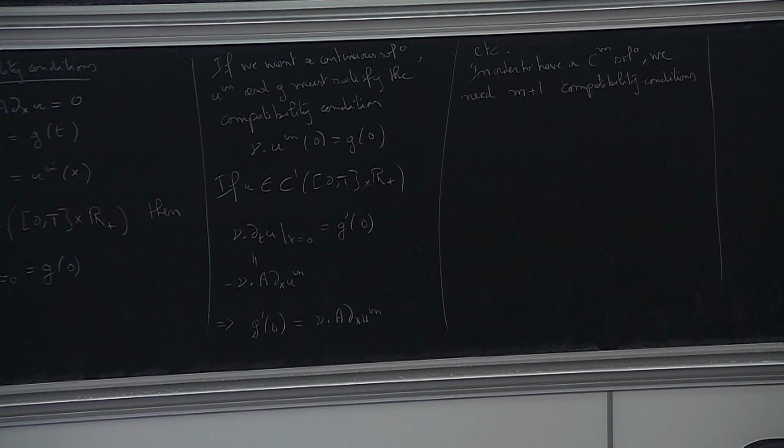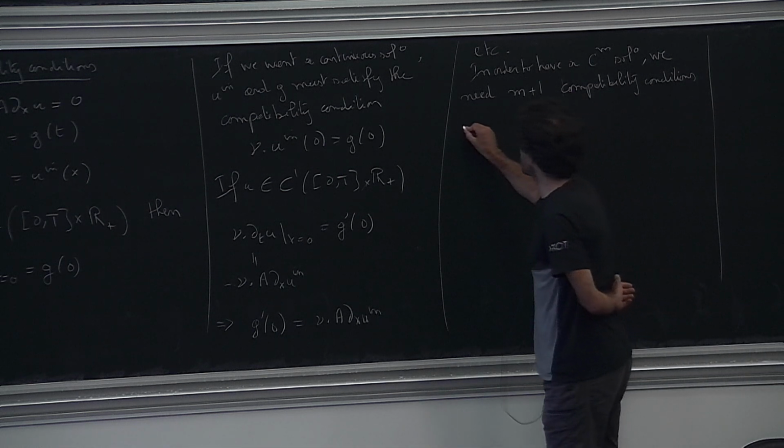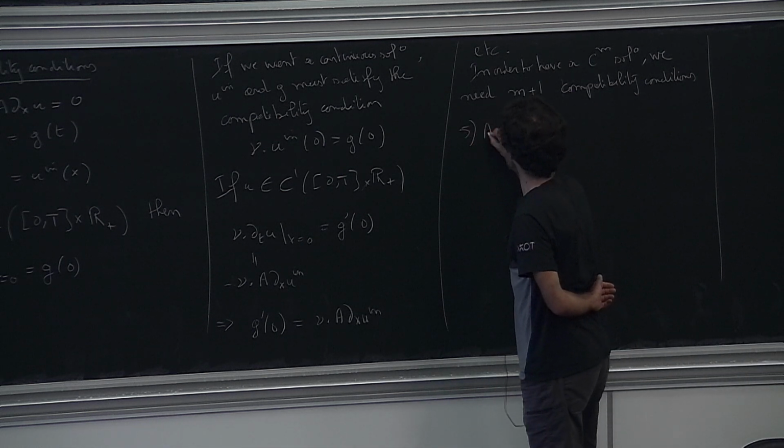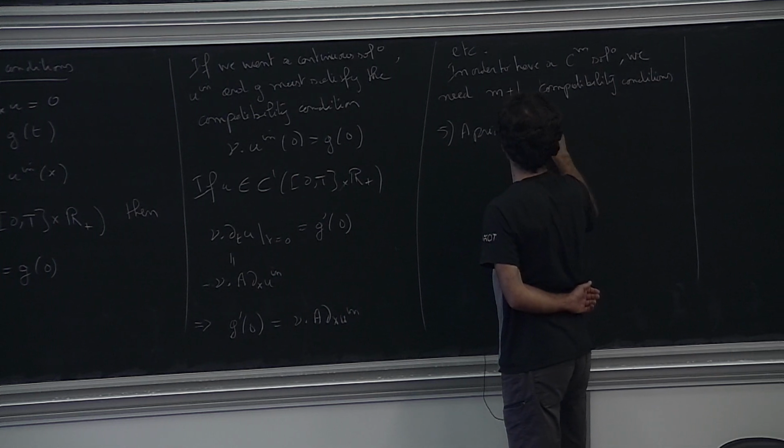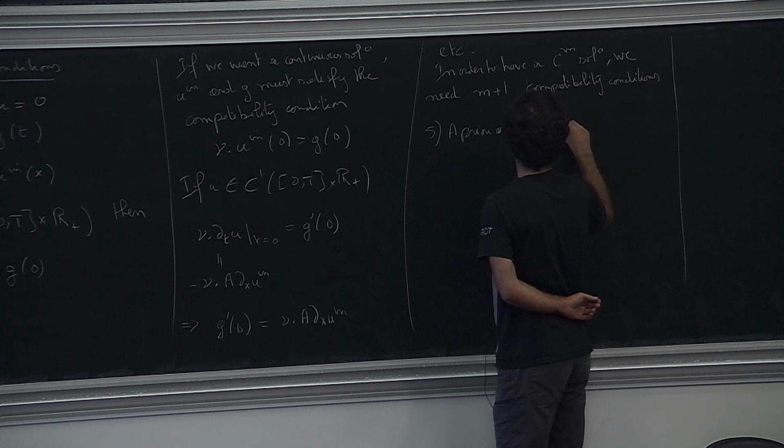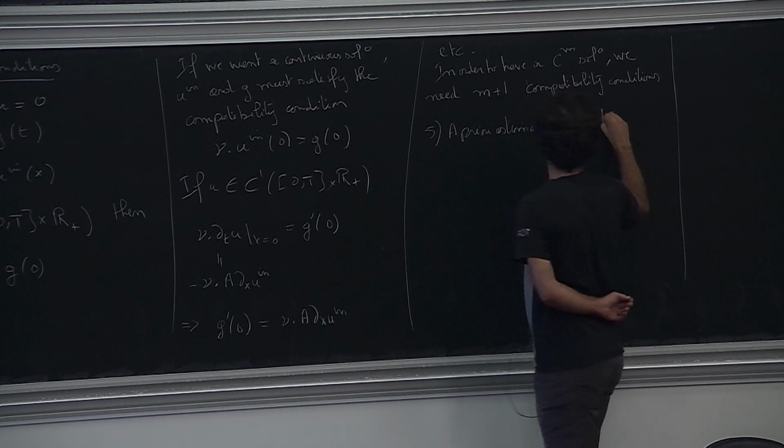Okay, so now that we have seen this, let us see how the a priori estimates behave with a boundary. A priori estimates with a boundary.